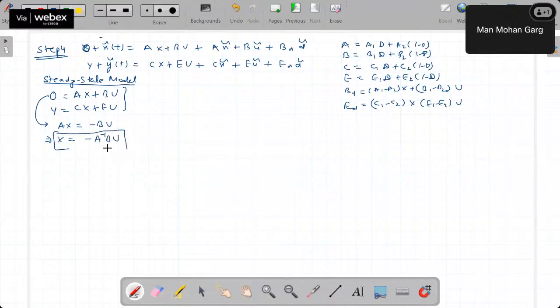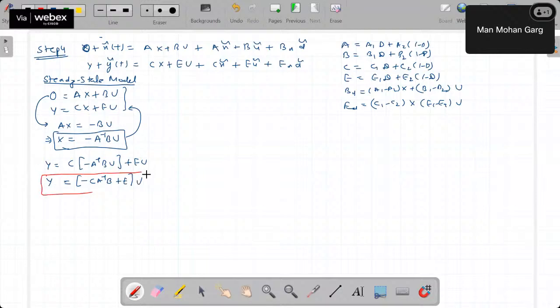This x gives me the steady state value of the state variables, which are our inductor current and capacitor voltage. If I put it back over here, y is equal to C times minus A inverse B u plus E u. Let us take u common, so this becomes minus C A inverse B plus E, times u.